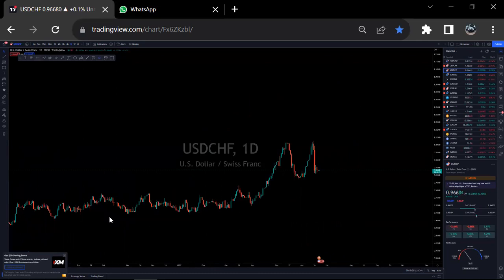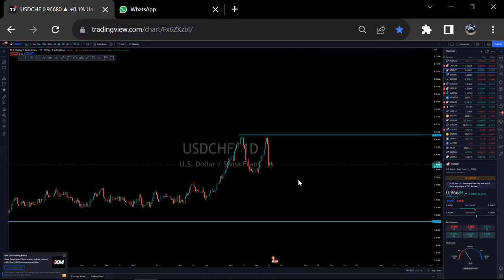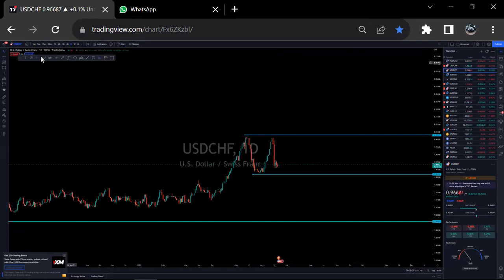There isn't a low, to be honest. I'm just gonna put the lowest and highest. The reason why price sold, guys, is because we had a double top. And these are the double tops that I always talk about, you know. If you can get such double tops, then you're in a good space.